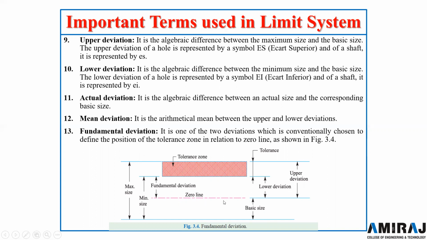After the basic size, the fundamental deviation is provided, and it is one of the two deviations conventionally chosen to define the position of the tolerance zone relative to the zero line. So, fundamental deviation is used for showing the tolerance zone and its position, where the tolerance zone starts.